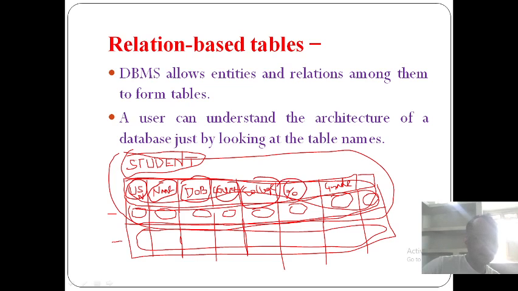Okay, and a grade of the student and date of joining of the student. How many attributes are there in that student database?